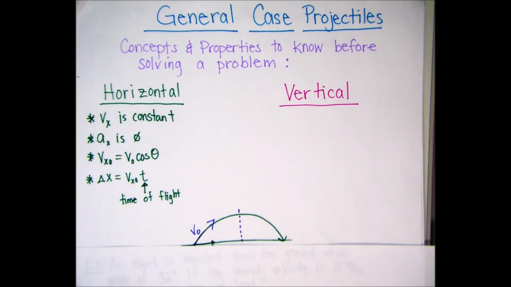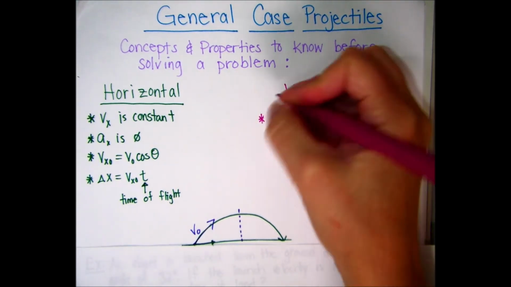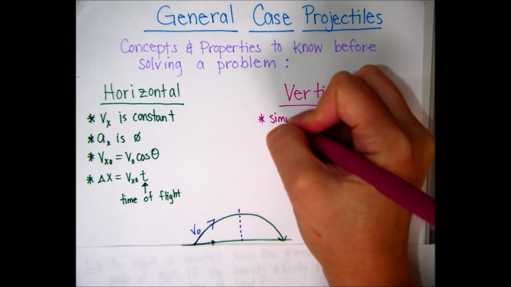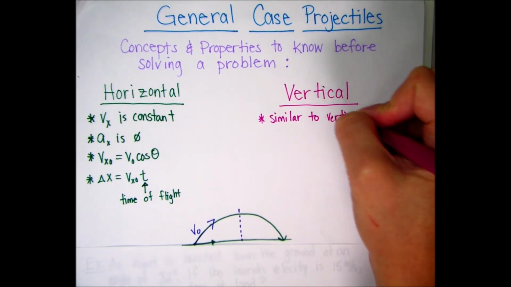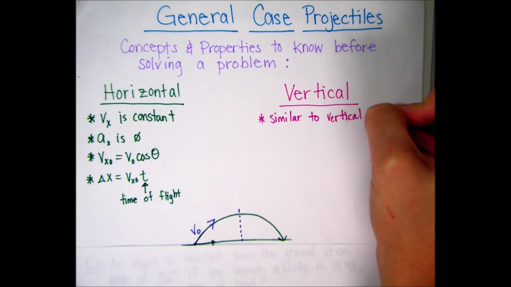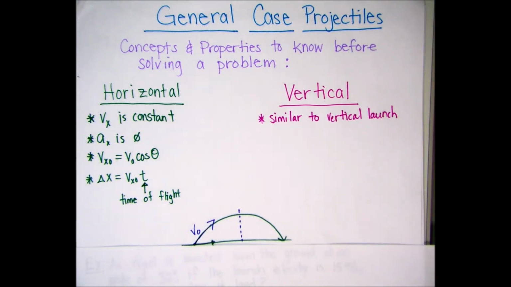Which brings me to the vertical direction. A property of the vertical direction is that this is similar to a vertical launch. So all of the properties for a vertical launch in the y direction are going to apply to a general case projectile's vertical components.